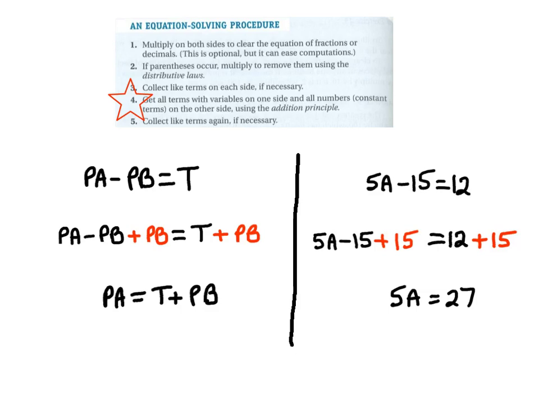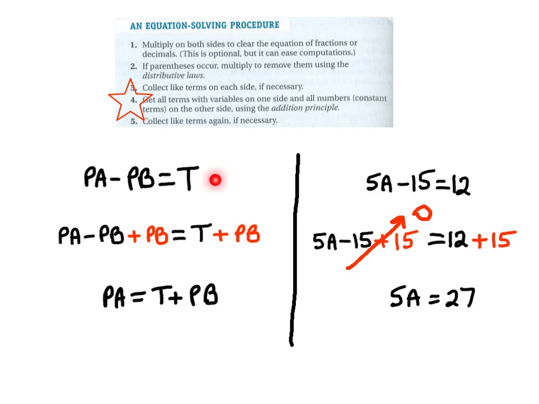I want to solve for a, so I move any terms that don't contain the variable of interest, a, over to the other side of the equation. So here I've got negative 15, so I add 15 to this side and to this side. Negative 15 plus 15 is 0, leaving me with 5a on the left-hand side, and 12 plus 15 is 27.